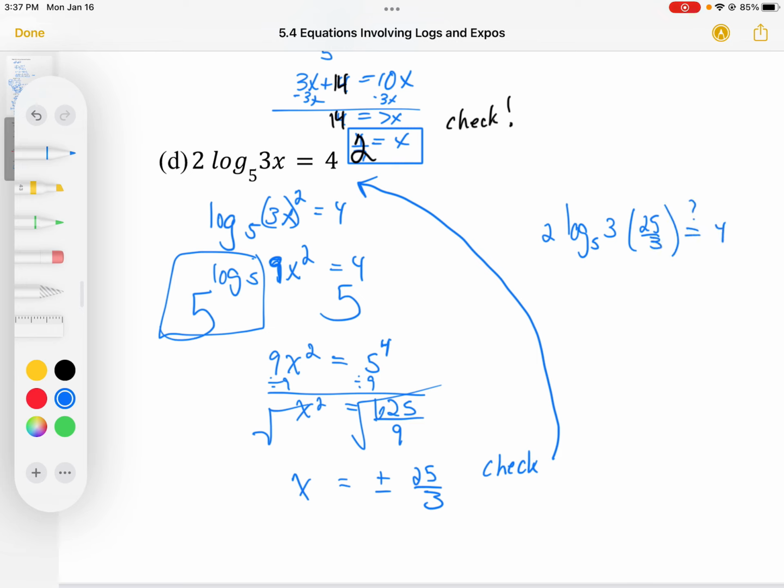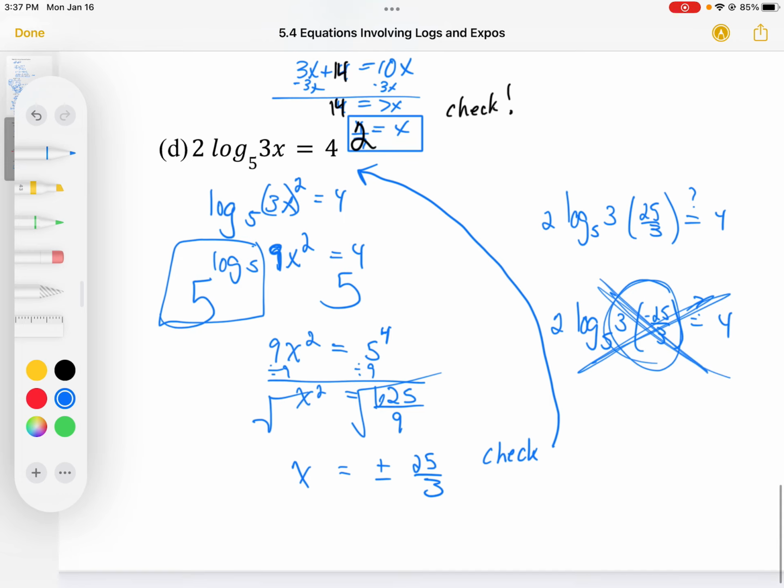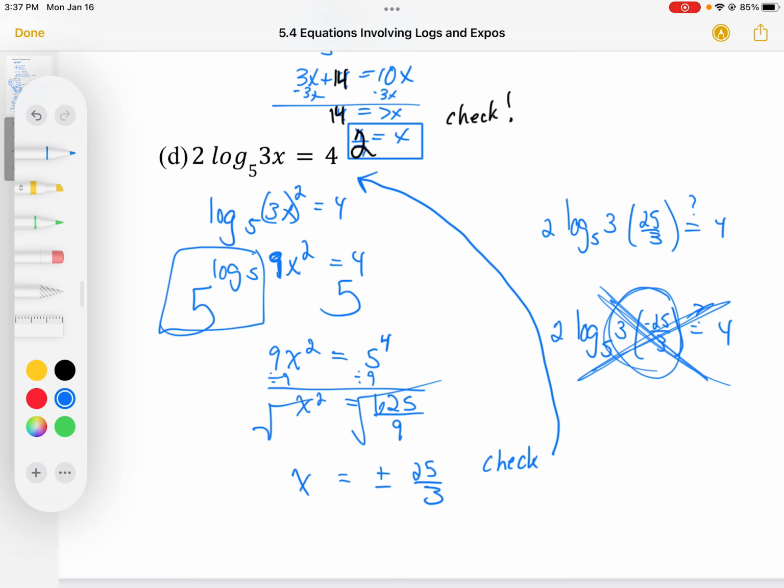And then we're going to do the same thing for negative 25/3. We can already see we don't have to go ahead with the negative one because we're going to end up taking a log of a negative number, which we can't do. So we're going to have to throw that negative value out. That's not going to be part of our answer.